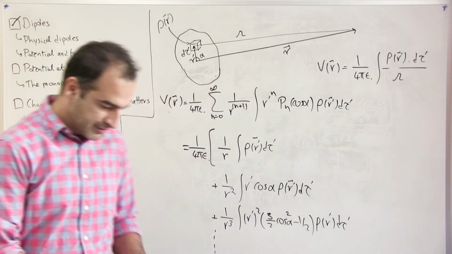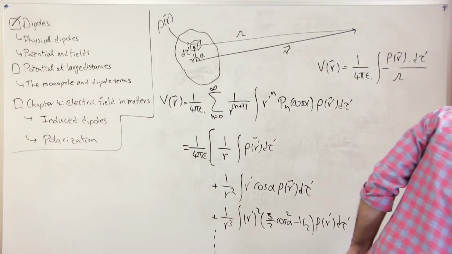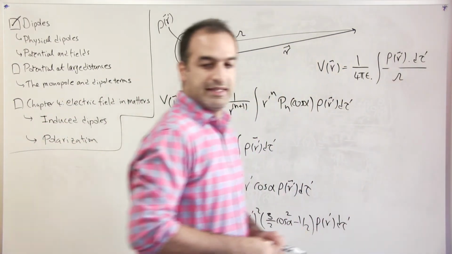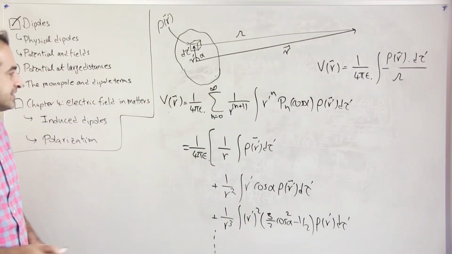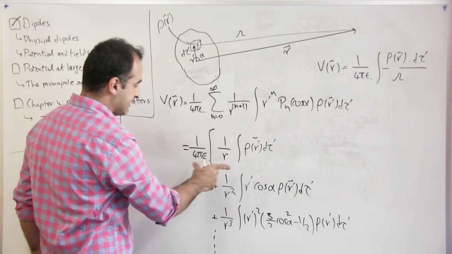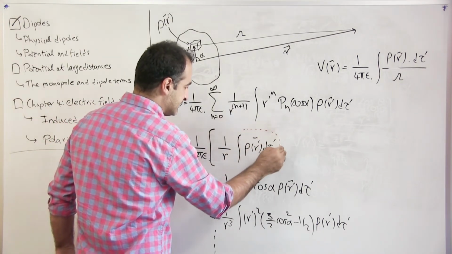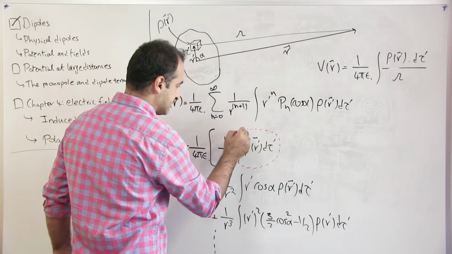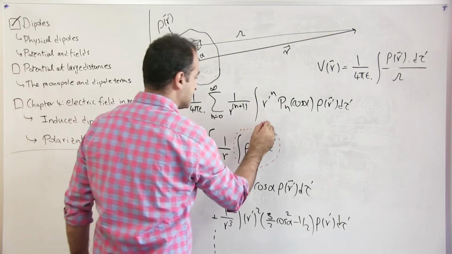Okay. So now I want to again focus on the first and second terms, which intuitively give us something interesting. I said the first term we get out of the whole integral is this, and the integral here, as we just said, is the total charge we have in this charge distribution.